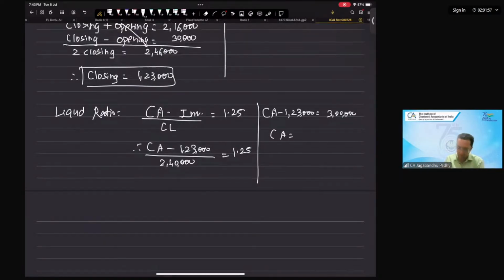So current asset will work out to be 3 lakh plus 1,23,000, since it will get added. So it will be 4,23,000. Current assets 4,23,000.